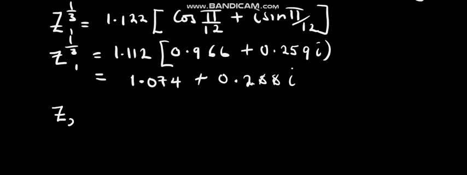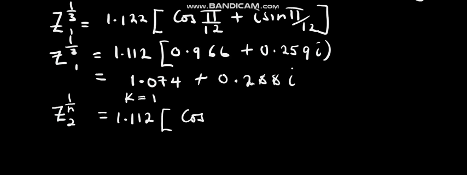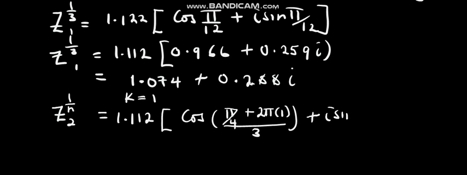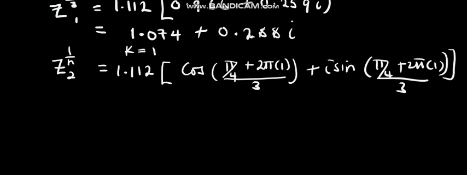Also we need the second cube root of the number, and at that point k will be 1, and we shall have 1.122, open brackets, cos of (pi/4 + 2 pi times 1)/3 plus i sine of (pi/4 + 2 pi times 1)/3.